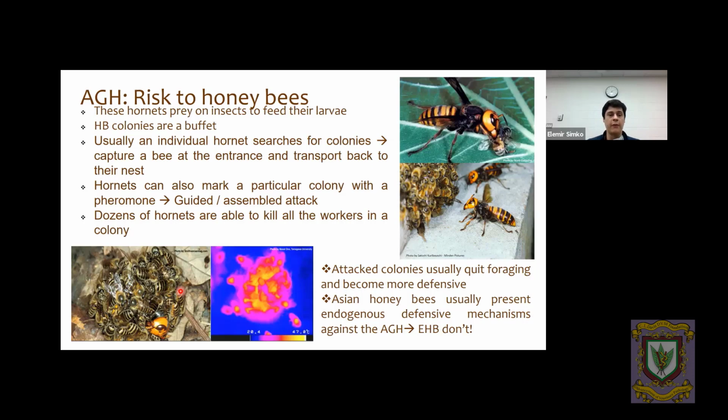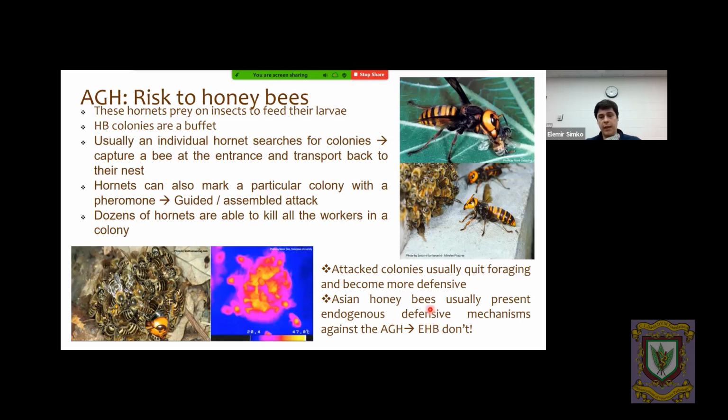In that case, they kind of pile up on the wasp. They produce this ball, and they move their muscles to produce heat. Here's a thermographic picture of this mechanism, and we see that they can heat up to close to 50 degrees inside of this ball. They kind of cook the wasp inside of this ball.